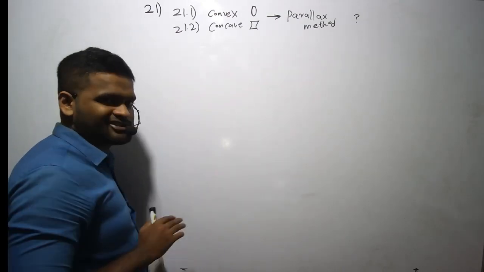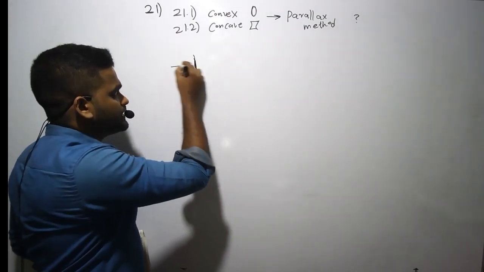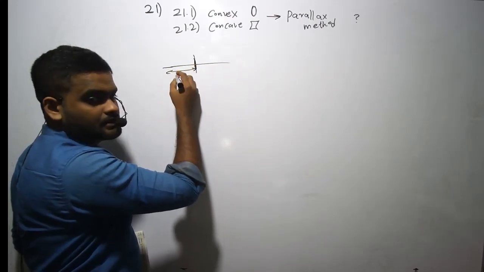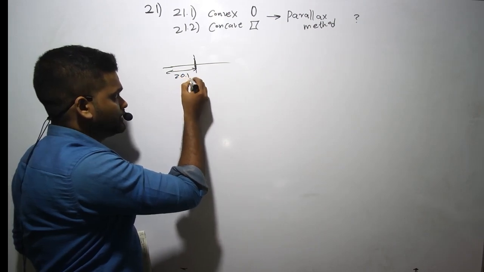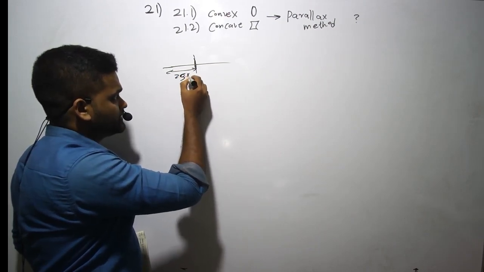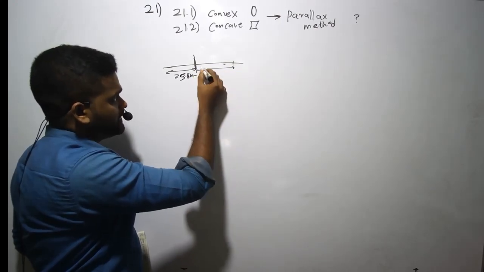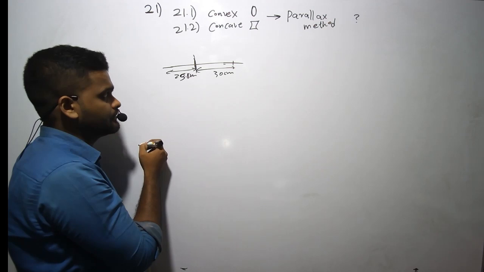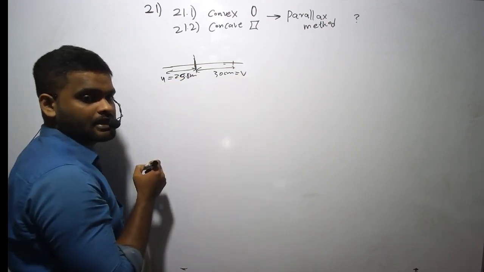For virtual images, you cannot use this. So you know the reversibility of light. Let's say you place, for an example, this object at this distance, 25 centimeters. And let's say the image is made at 30 centimeters. So this is object distance and this is image distance.